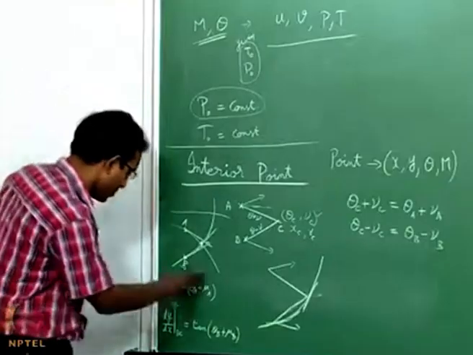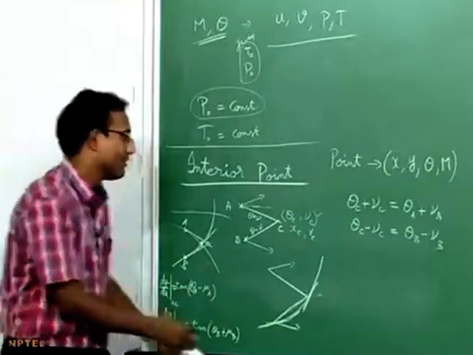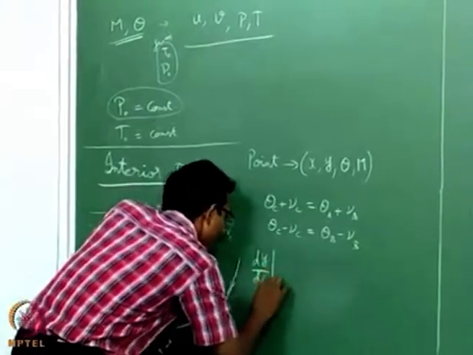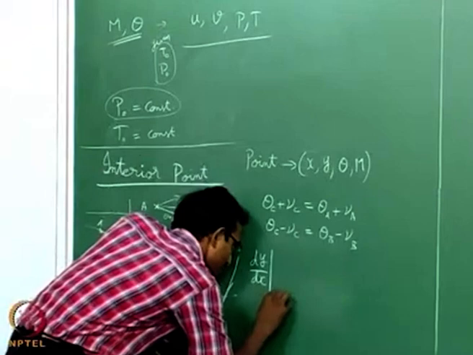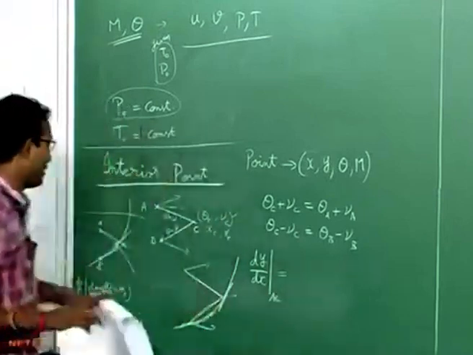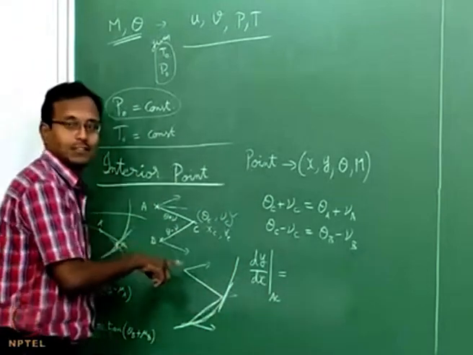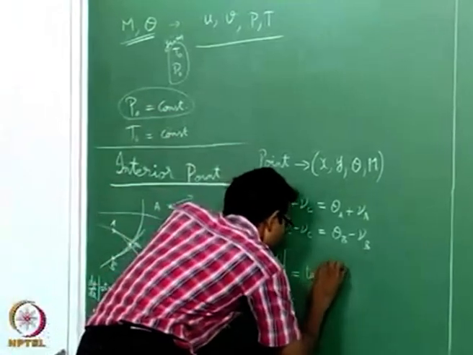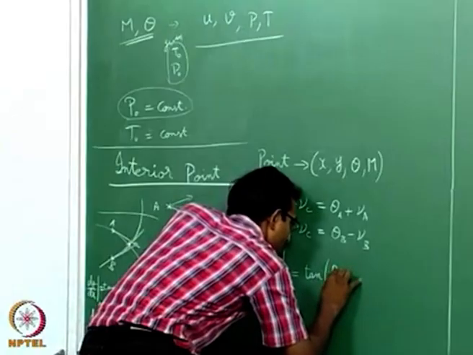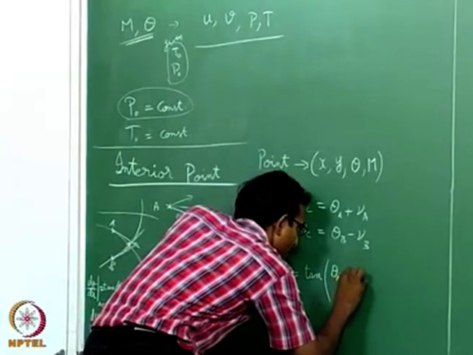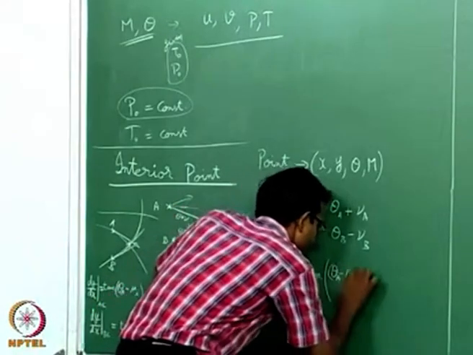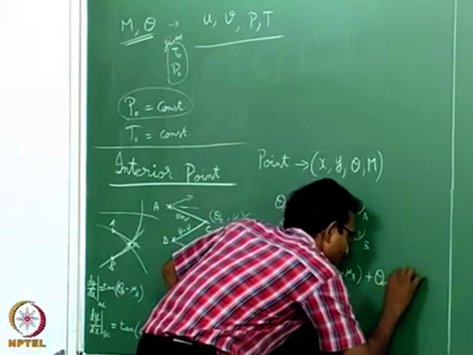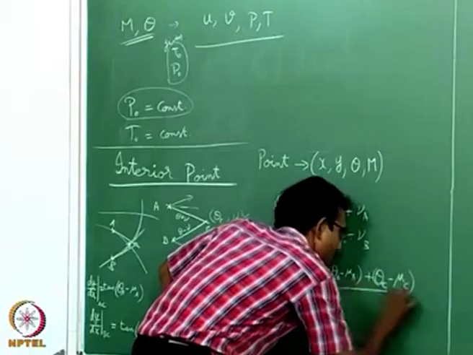So what we do is, instead of this version of dy by dx, we will write it differently. dy by dx of AC, AC is my right running characteristic, so it is theta minus mu. I will write tan of theta A minus mu A plus theta C minus mu C divided by 2.